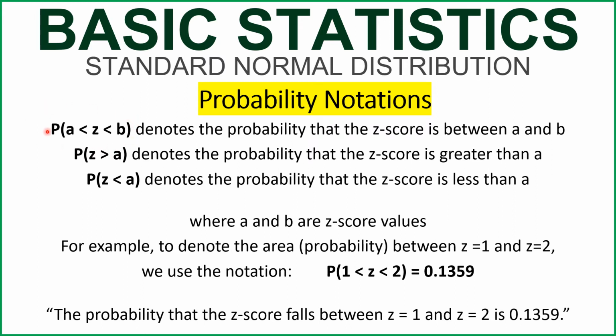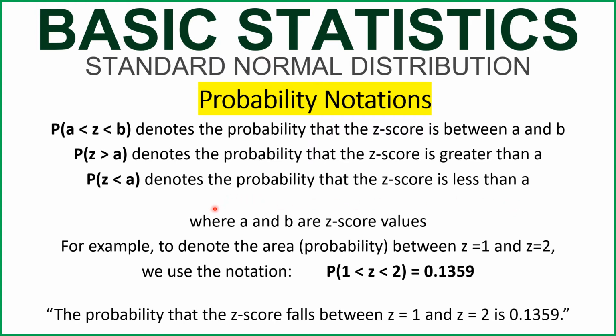So, a probability notation denotes the probability that the z-score is between A and B. The second one denotes the probability that the z-score is greater than A. And lastly, this one denotes the probability that the z-score is less than A.